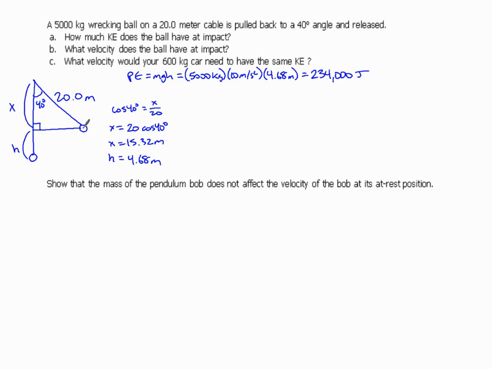And so the maximum amount of energy is right there at the equilibrium position. Which means that its kinetic energy exactly at the bottom is the same as its potential energy at the top, 234,000.